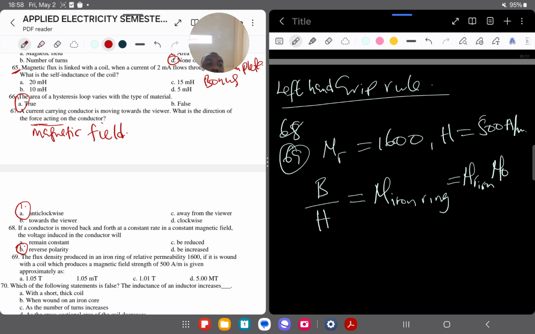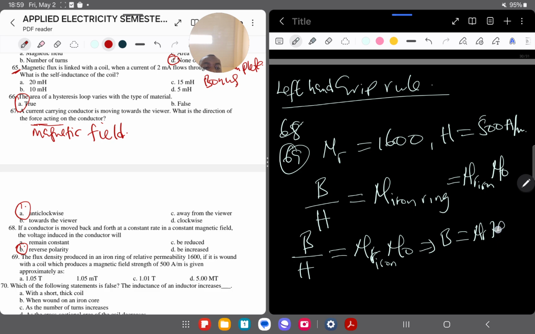So we now have a formula: B over H equals the relative permeability of iron times the permeability of free space. We are interested in the magnetic flux density, so we make B the subject.